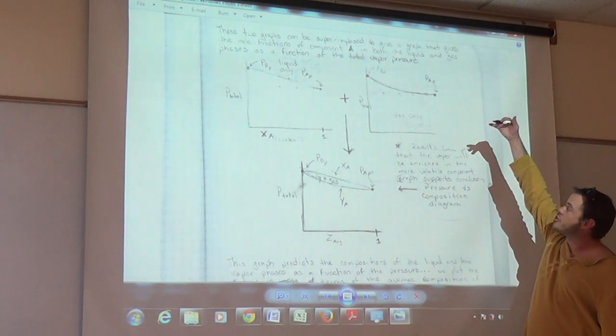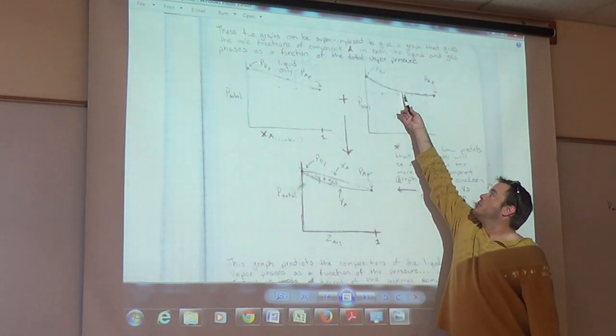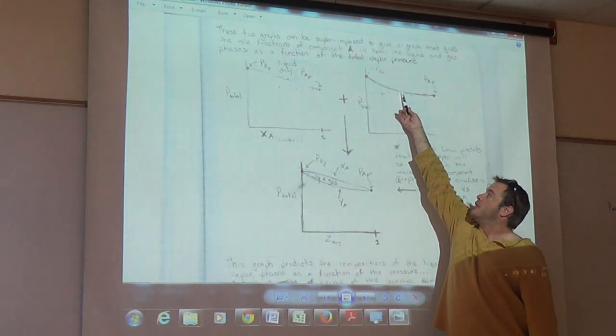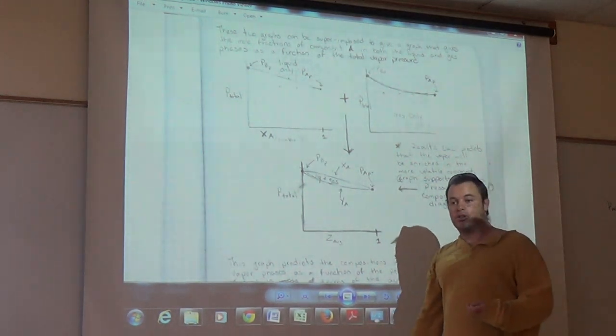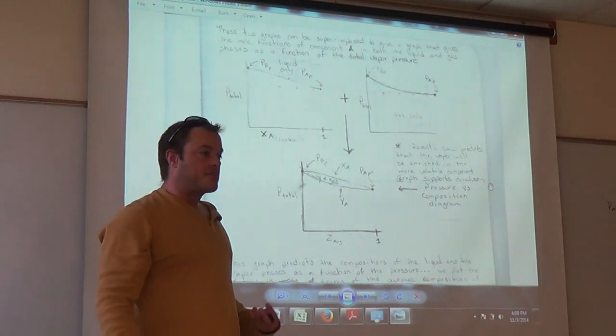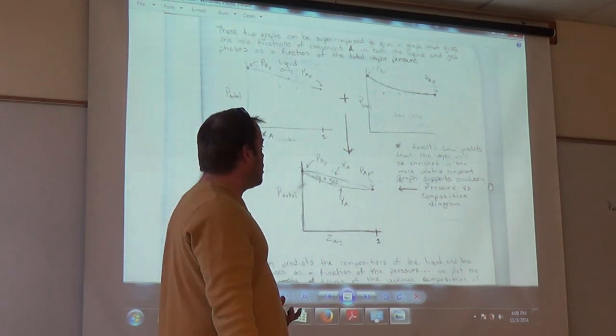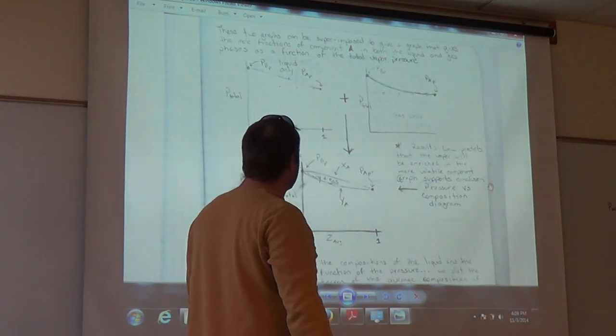If you increase the pressure, you'll reach a point at which you intersect this line. At that point, you're going to have equilibrium between the gas and the liquid. You'll have two phases, liquid phase and the gas phase. We're just reading the graphs in kind of the same exact way, we're just looking at the different curves.